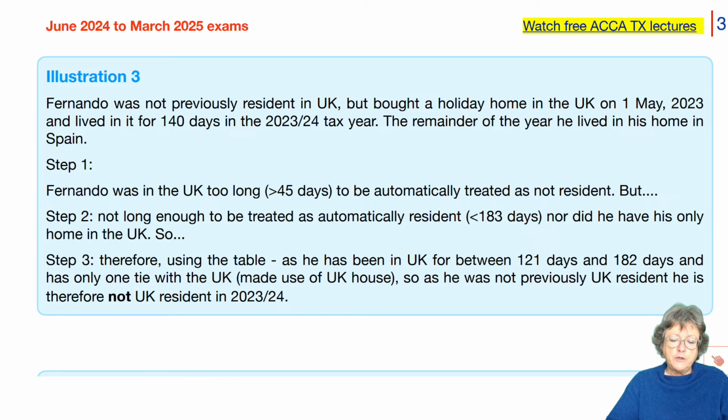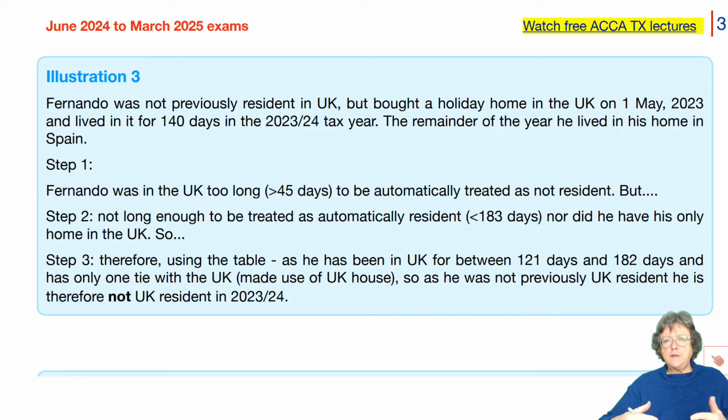Not long enough to be treated as automatically resident, and nor did he have his only home here. So, step 3, therefore, using the table, as he's been here in the UK between 121 and 182 days, and only has one tie, i.e. has a UK home, and he's not been previously UK resident, he's therefore not resident in 23-24.